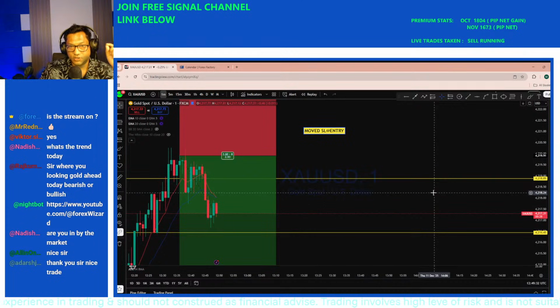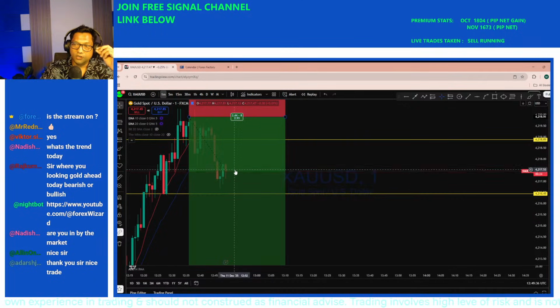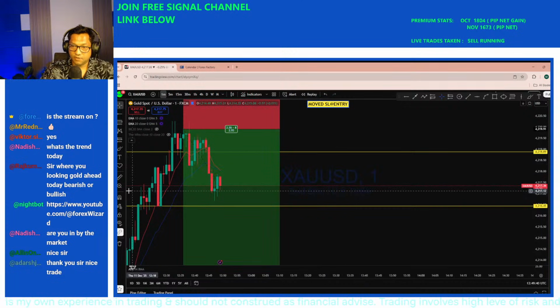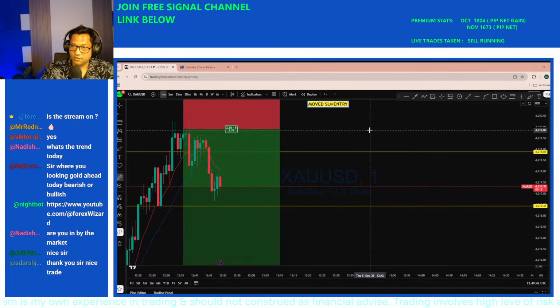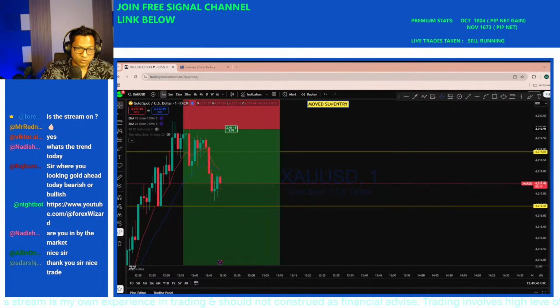In case it spikes up, we will be out, but with the partial taken, if the market is coming down, we can run the rest of the position. So nearly 230 pips taken.